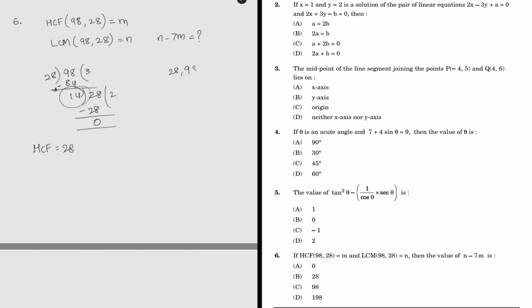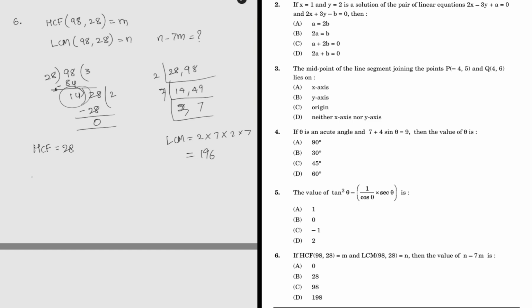And to find the LCM, 2 14s 28, 2 49s 98, 2 7s 14, 7 2s 14, 7 7s 49. Therefore LCM will be 2 into 7 into 2 into 7, which is 14 square, 196.